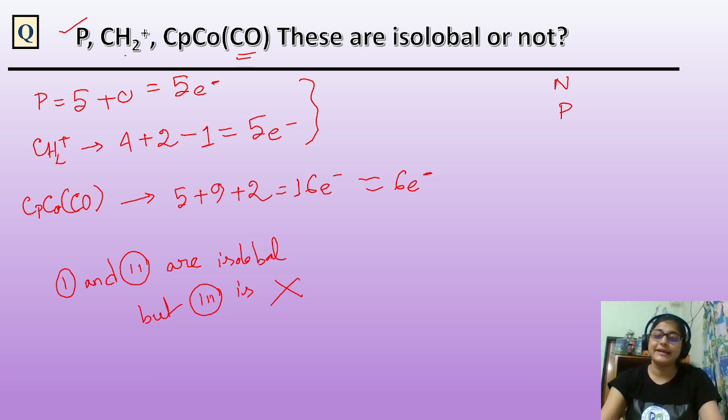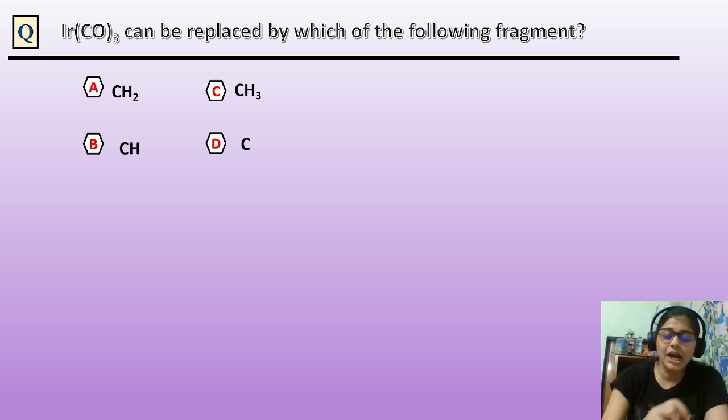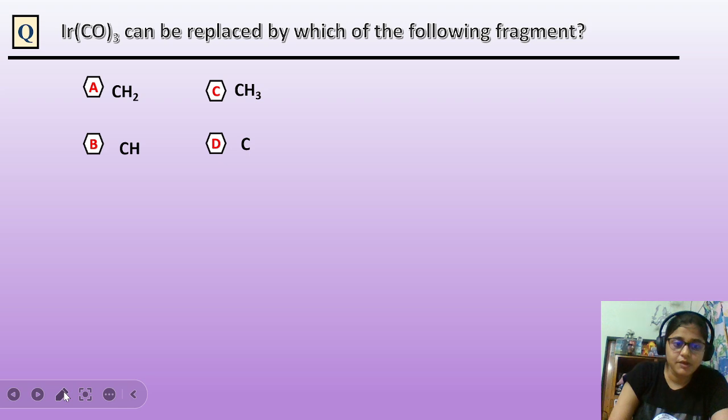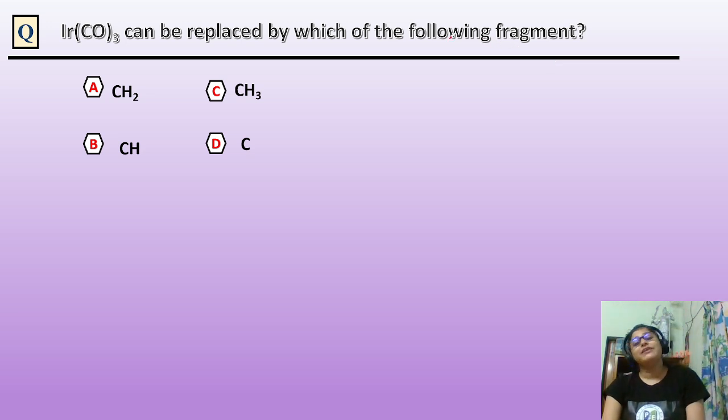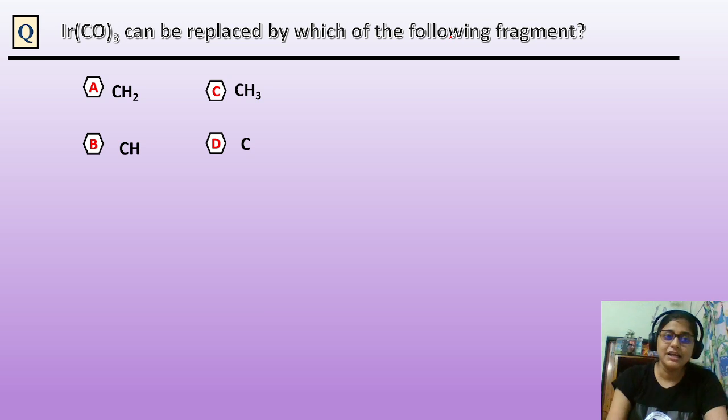Okay, let's practice more. Now, IrCO whole 3 can be replaced by which of the following fragments? See, it is actually a question of isolobal analogy, but they are asking in a different way, that it can be replaced by which.